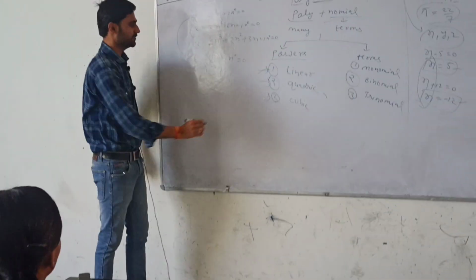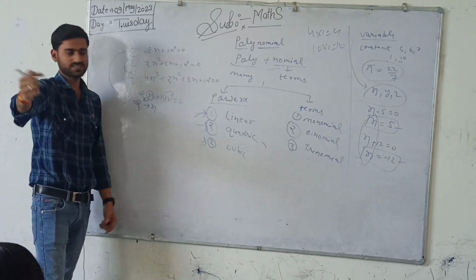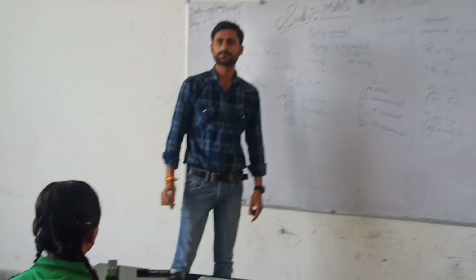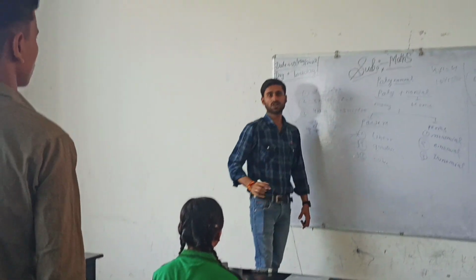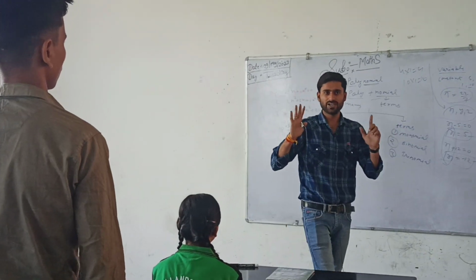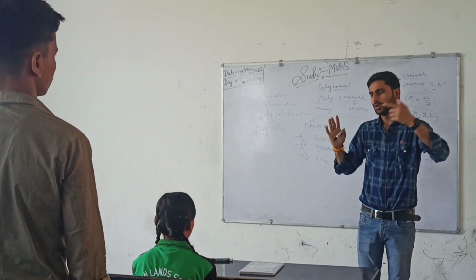Now clear? If we talk about the coefficient of x to the power 0, tell me what is the coefficient of x to the power 0? So 1. 1 is the coefficient of x to the power 0. Now everyone can answer? Yes, sir. Okay, stand up.